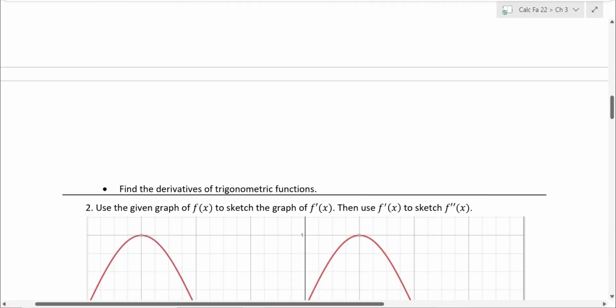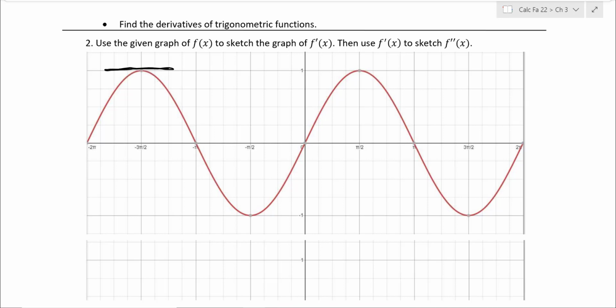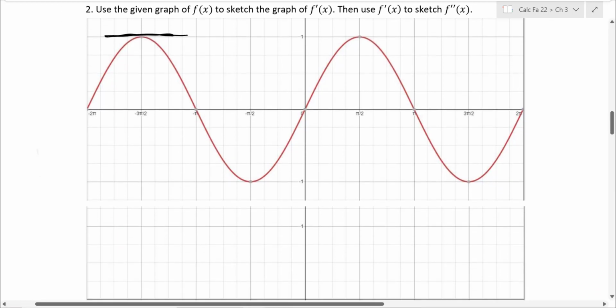All right, and then, so we're looking here at a graph of f of x, and we want to sketch f prime of x and then f double prime of x. And if you did see this in class, then you already did it, and you can maybe skip it if you want. But the big idea, again, wherever we have these horizontal tangents, right, that means our derivative is 0.